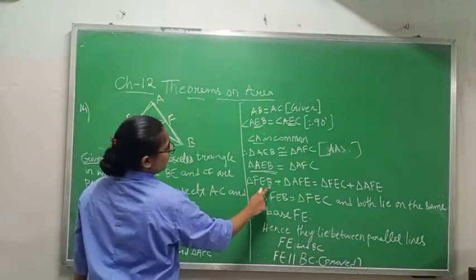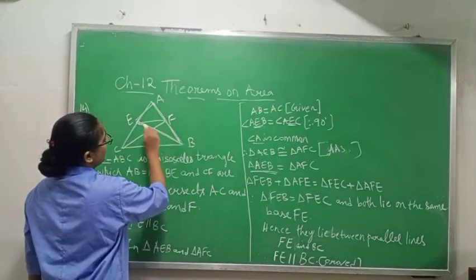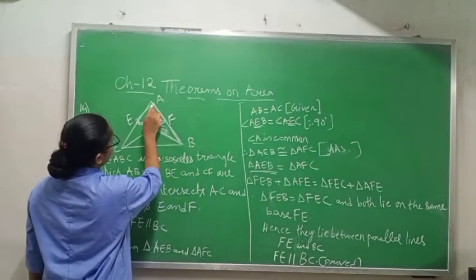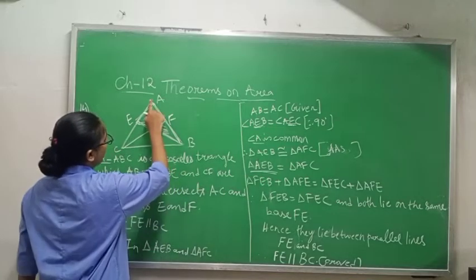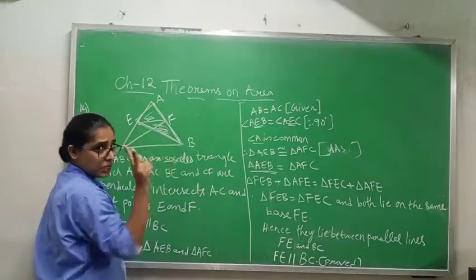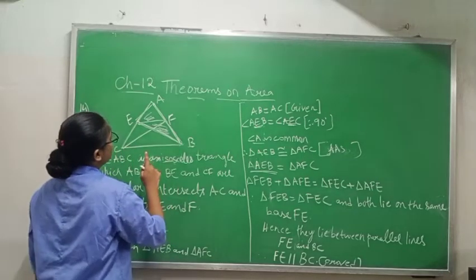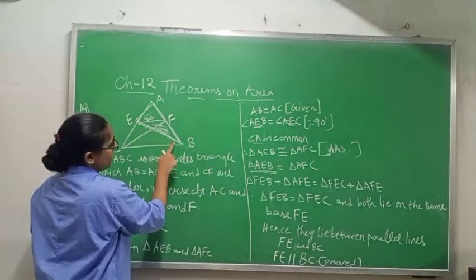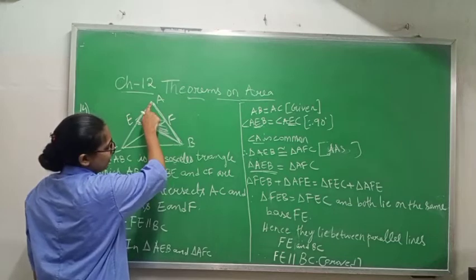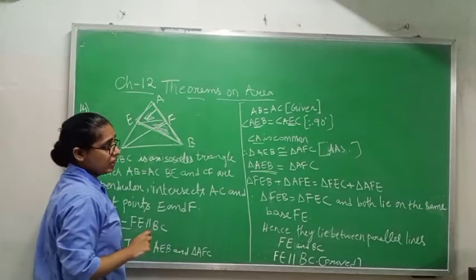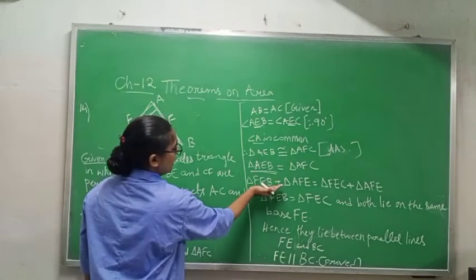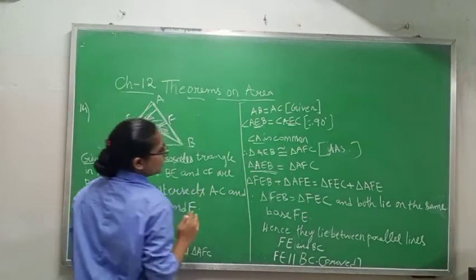Which ones? FEB, this triangle, and AFE, this triangle. So triangle AEB is made up of two triangles, FEB plus AFE. This one and this one. Okay. So in place of AEB, I am writing FEB plus AFE.